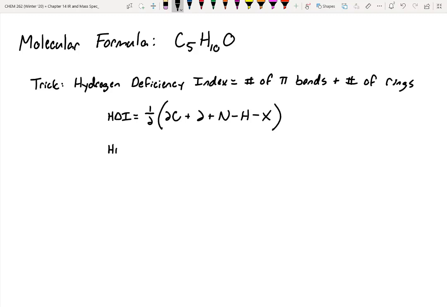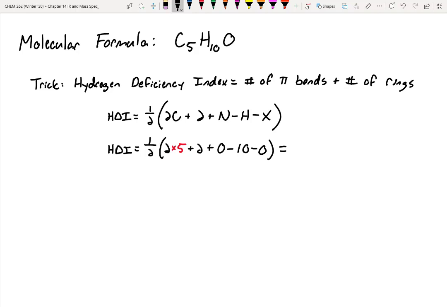So in this case, the HDI is going to be 1/2 times 2 times 5, because we've got 5 carbons, plus 2 plus no nitrogens minus 10 hydrogens minus 0. So what would the HDI be here? The 2 times 5 would be 10, plus 2 would be 12, minus 10 would be 2.